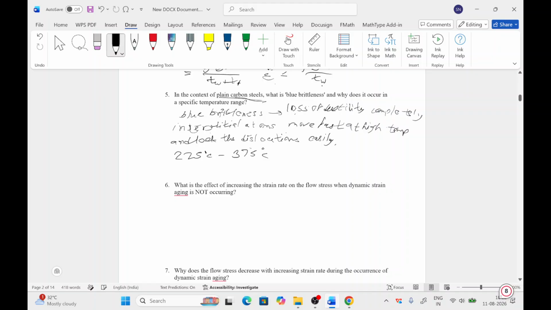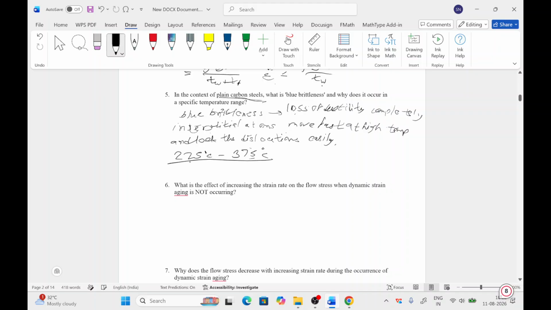In this region the dynamic strain aging happens. With dynamic strain aging, we have to apply higher stress for motion of the dislocation because the dislocations are locked by the interstitial atoms. That reduces the ductility of the plain carbon steel and leads to blue brittleness.